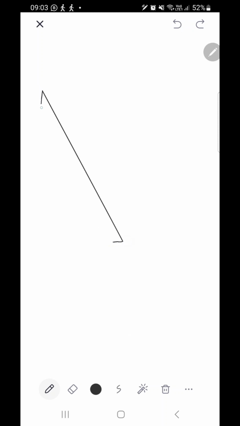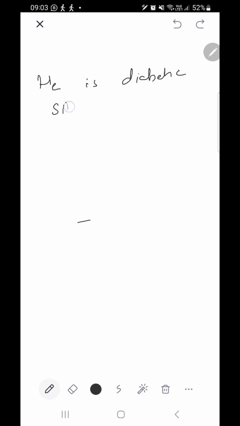Frequent errors we use, let's say: "He is diabetic since 2004." This is a wrong sentence. Frequent errors.